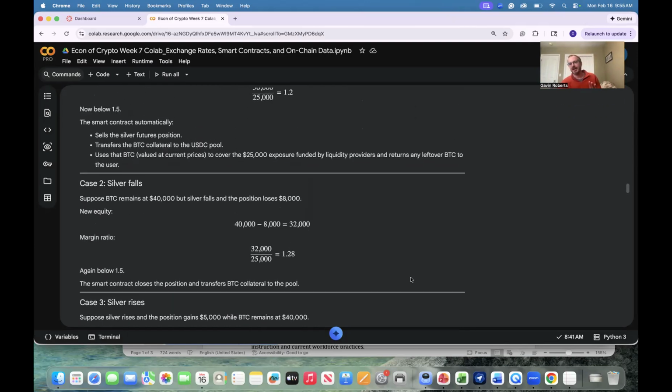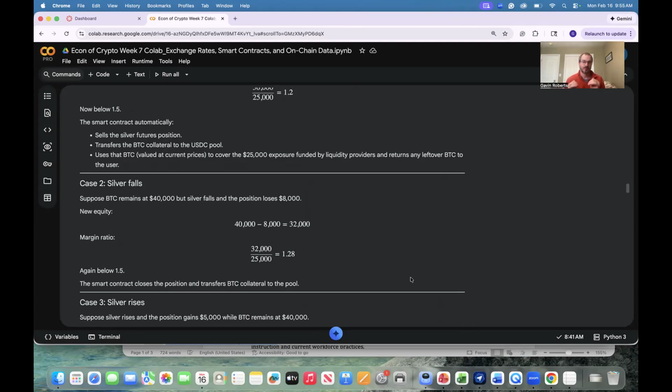So, stepping back a bit, this is how a smart contract could work, but a lot of this is similar to how maintenance requirements are maintained in other exchanges. There's a lot of depth to this financial example that is true in non-smart contract versions too. In many exchanges, people will bet on futures with borrowed money.